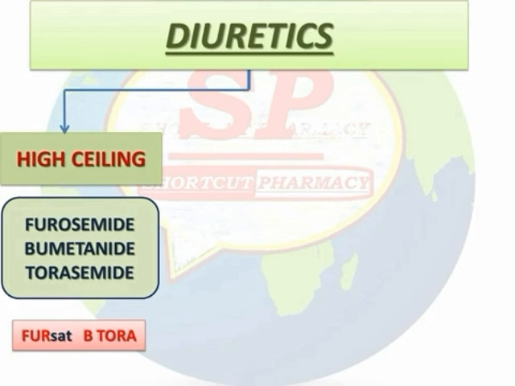Hypocalcemia is the adverse effect with the loop diuretics, and an increased Ca2+ level, hypercalcemia, is with the thiazides. So if the question asks which is associated with hypocalcemia, the answer is loop diuretics. And if the calcium level increases, that means hypercalcemia, it is associated with thiazide diuretics.